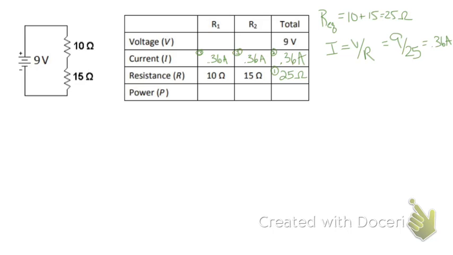This is one of the ones that's easier just to use Ohm's law. So for step 4, we're going to figure out the voltage for resistor 1. The voltage across resistor 1 is going to be the current times resistor 1. So it's 0.36 times 10, giving us 3.6 volts.